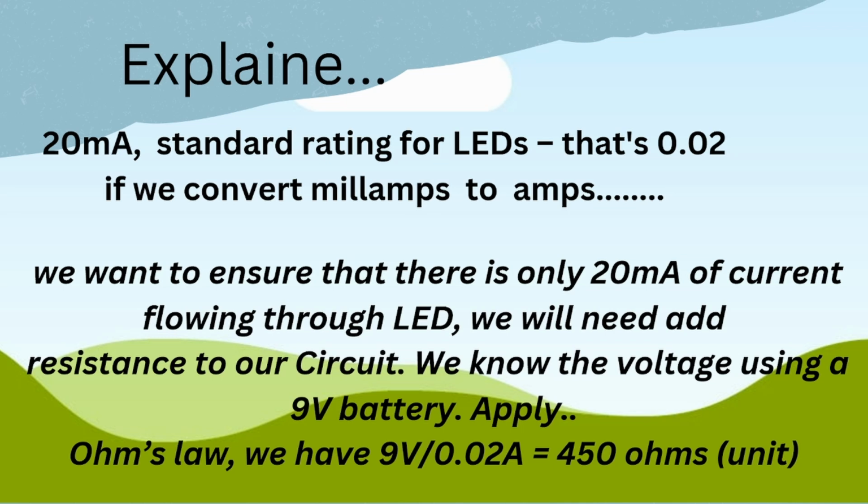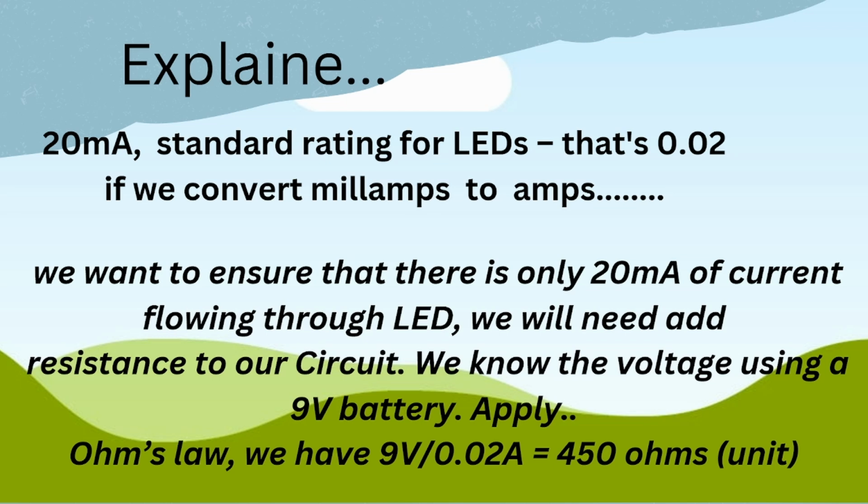So this is 0.02 ampere. This is how we converted the milliampere into ampere. To ensure there is only 20 milliampere of current going through your LED, we will add some resistor to our circuit.